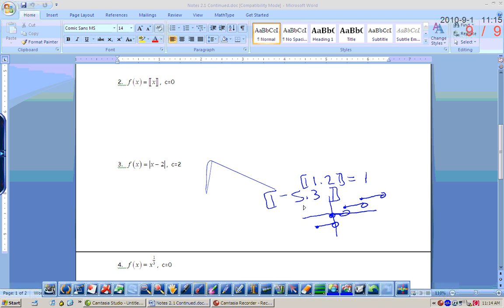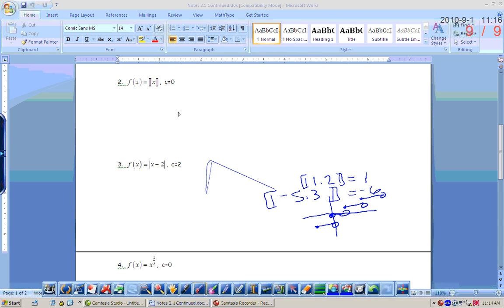The biggest integer that's not bigger than negative 5.3, it's negative 6. Negative 5 is bigger than negative 5.3. It's basically, if you think about a number line, it's always going to be the whole number on the left of the number line from whatever number is given to you.